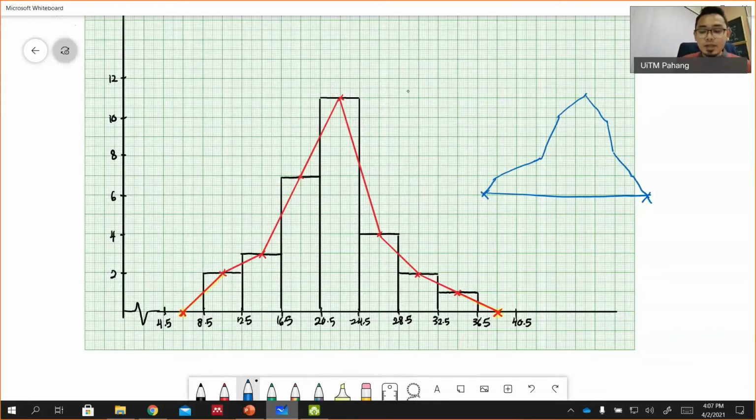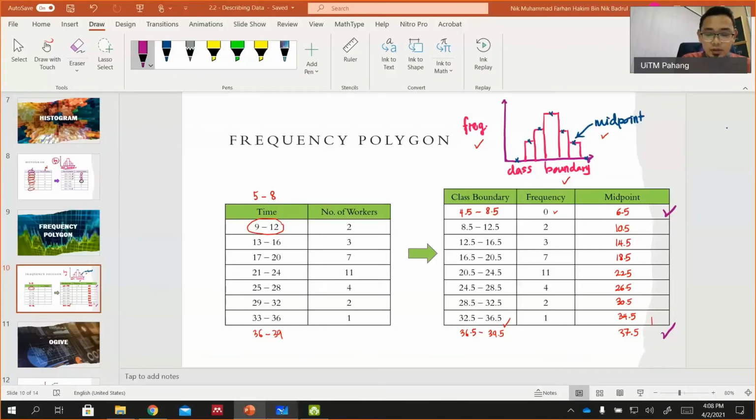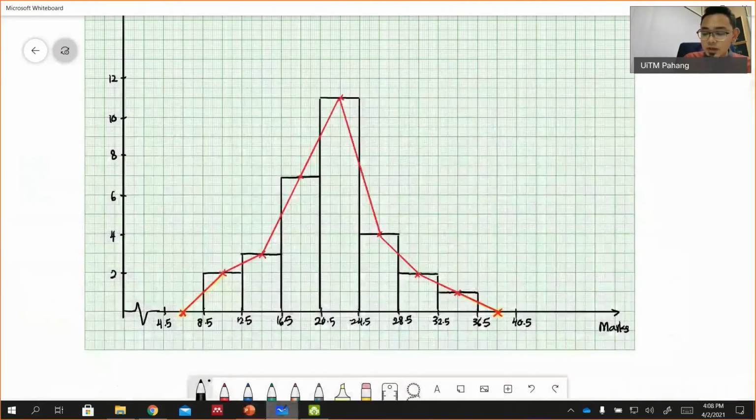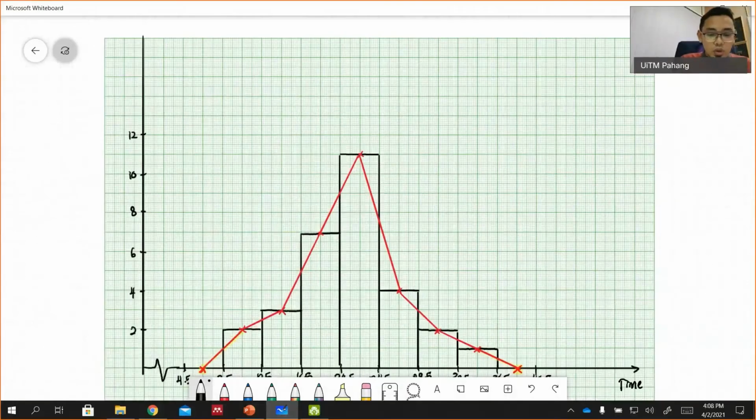Okay, so these are what we call the frequency polygon. Again, you have to label the title and the axis. So the axis, this one is actually the marks. Is it the marks? No, the time. It depends on the question. Maybe the question asks you to write the time taken by the students to go to the toilet, maybe.